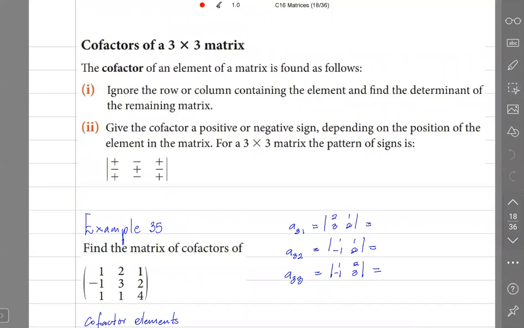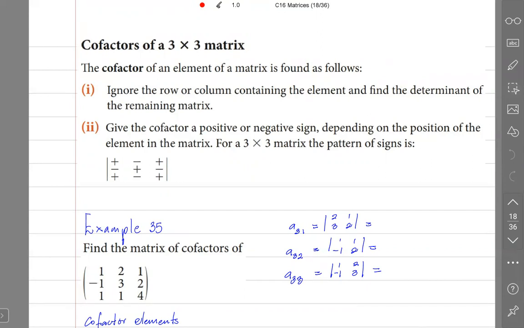All right, this says cofactor of a 3 by 3 matrix. The cofactor of an element of a matrix is found as follows: you're going to ignore the row and column containing the element and find the determinant of the remaining matrix.